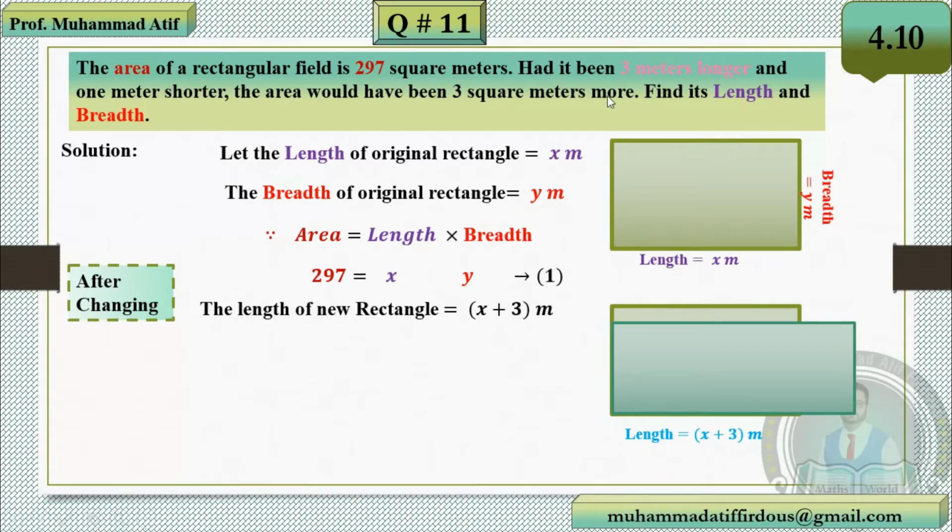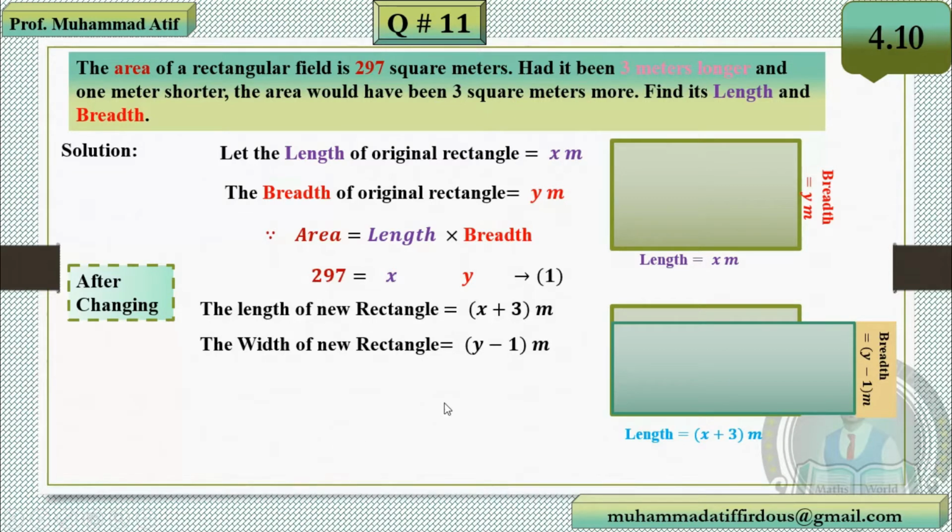Got it? Had it been 3 meter longer and 1 meter shorter, meaning your breadth reduces by 1. So the width of the new rectangle will be your previous breadth y, and just subtract 1 from this y. So your new breadth is y minus 1 of the new rectangle.